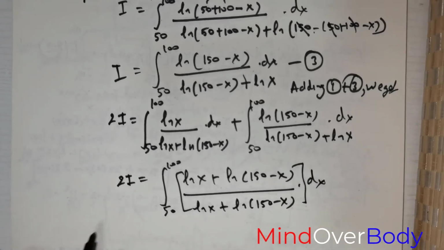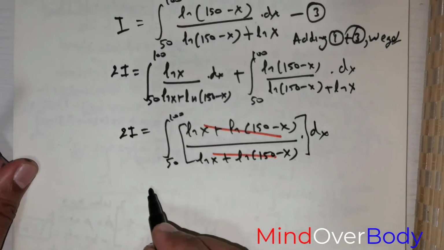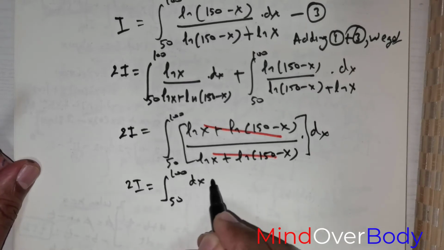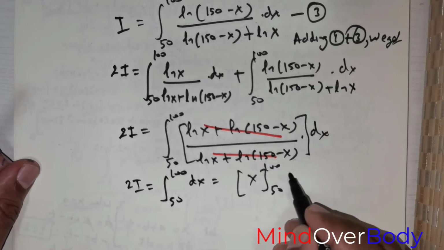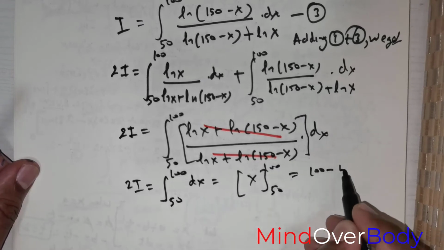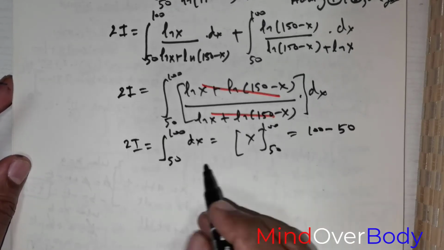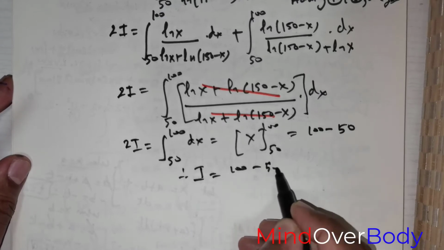Clearly the numerator and the denominator can be cancelled, giving us 2I is equal to the integral from 50 to 100 of dx. If I integrate this, I get x, with limits 50 to 100. Substitute the upper limit minus the lower limit. So if I push the 2 down, I is equal to (100 minus 50) divided by 2.